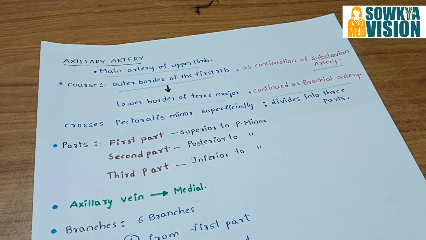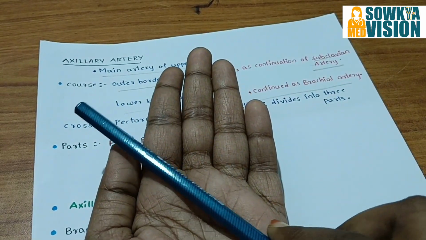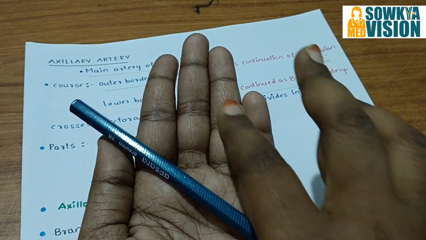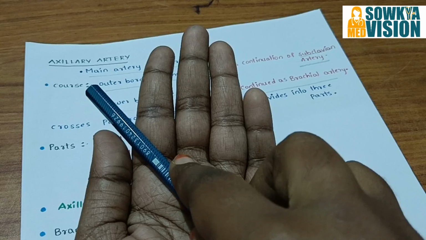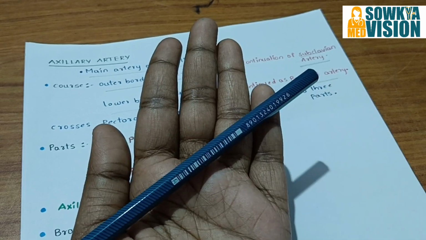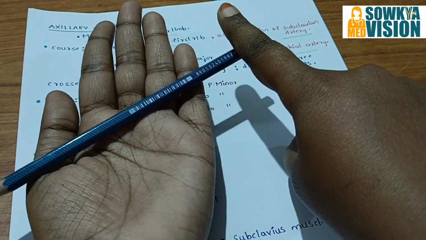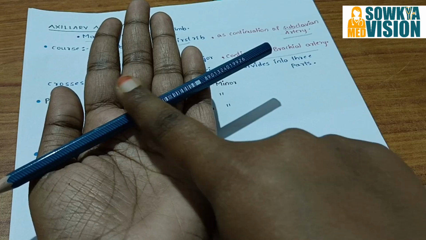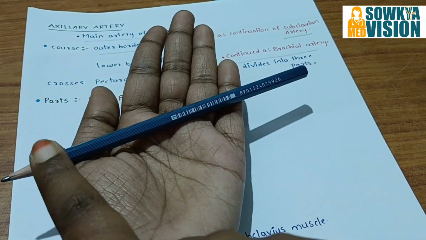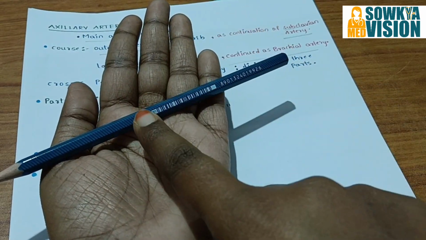In its course, it crosses the pectoralis minor muscle. So the pectoralis minor muscle and the axillary artery: the pectoralis minor divides the axillary artery into three parts. The part above the pectoralis minor, the part behind the pectoralis minor and the part below the pectoralis minor.